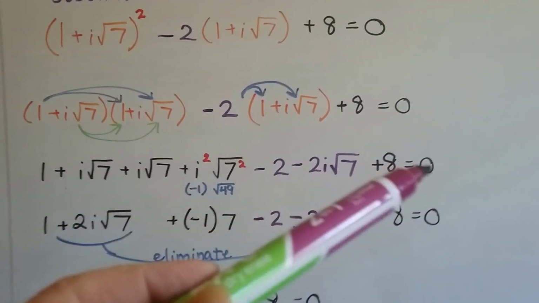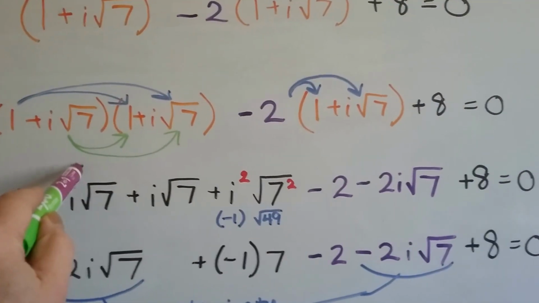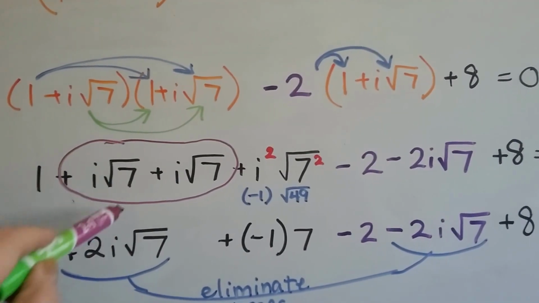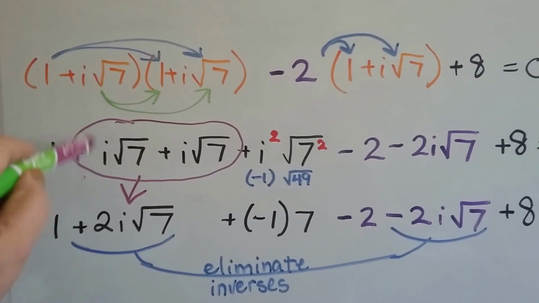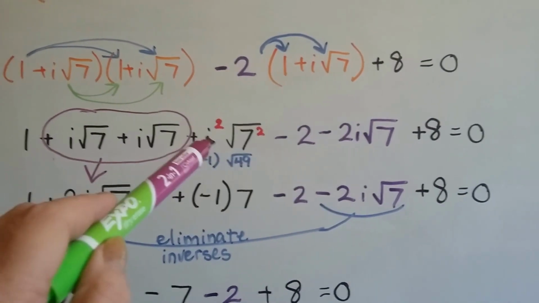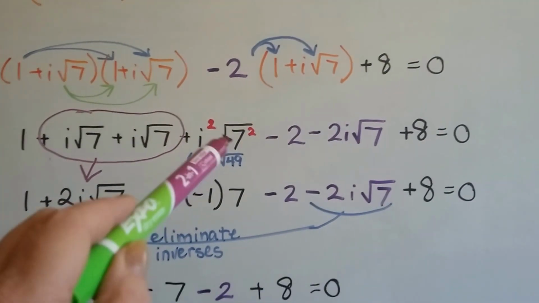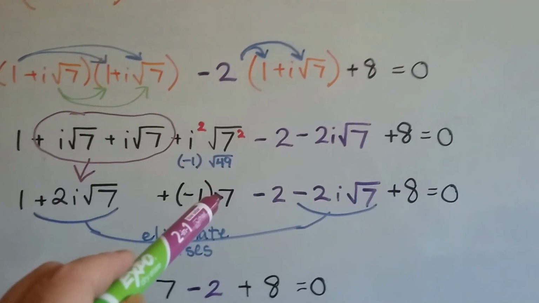So now we need to clean this up. So we can see right here that we've got i square root of 7 and i square root of 7, right? That's going to make a 2i square root of 7 because there's invisible 1s in front of the i, right? So we've got 2 of them. This i squared is going to make a negative 1. So here's our negative 1. And square root of 7 squared is the square root of 49, isn't it? Which is a 7.